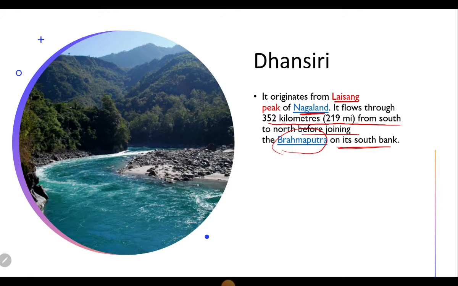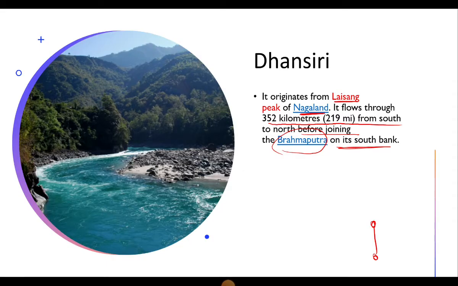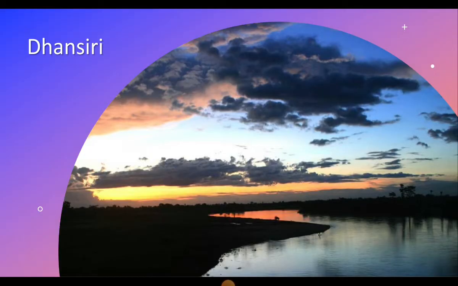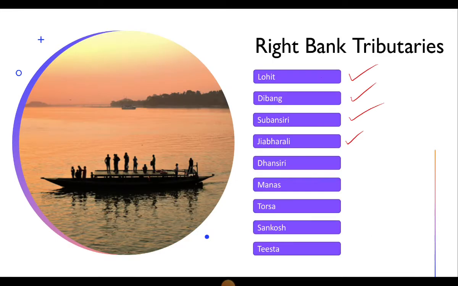This is a very unique river because it travels from south to north to meet the Brahmaputra. The Dhansiri River also has an NHPC project on it. Now we have completed Dhansiri.